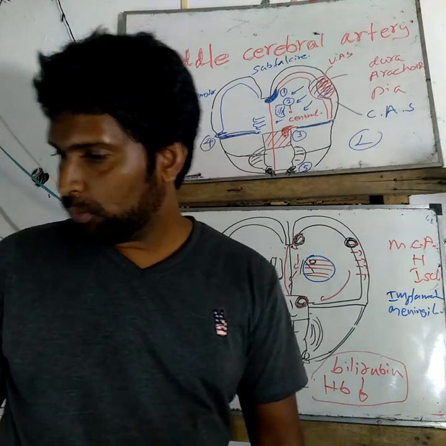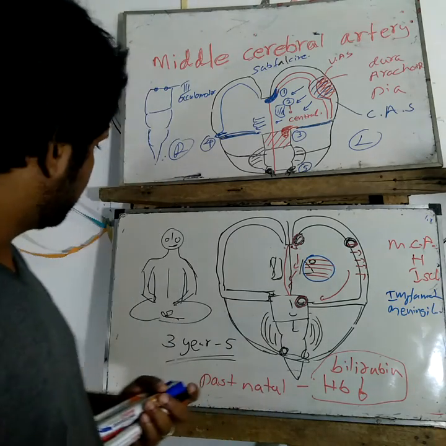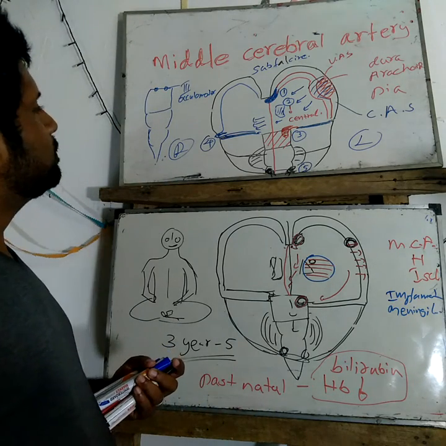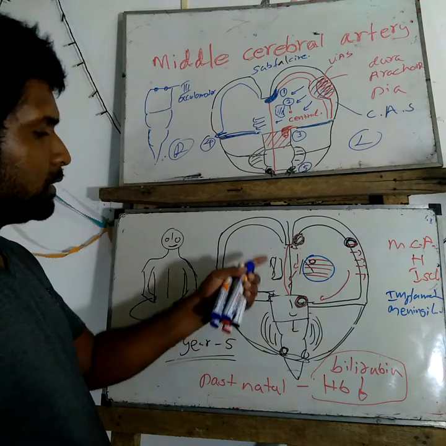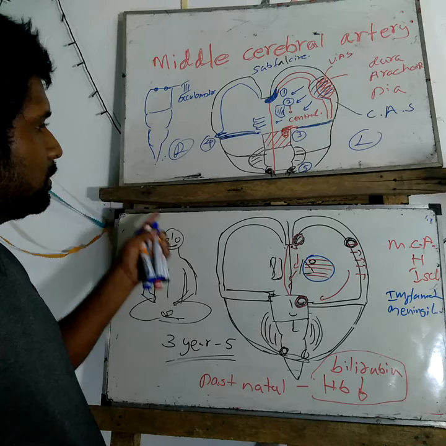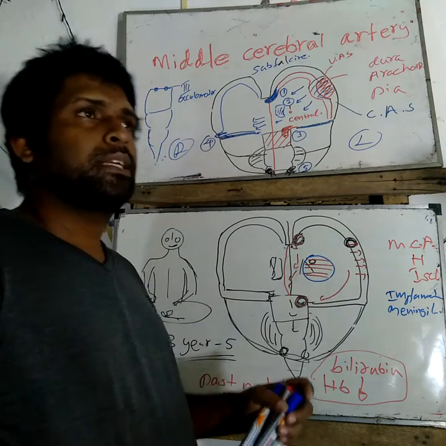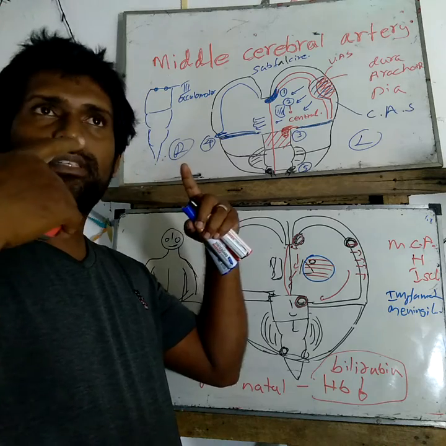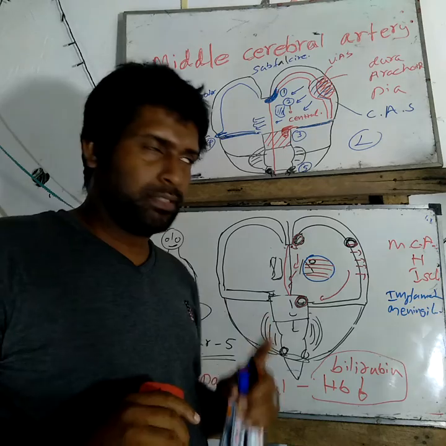Right, now we conclude this session with a few things: the herniation, and what the main signs and symptoms are by which we can identify cranial damage, intracranial damage, from a road traffic accident.